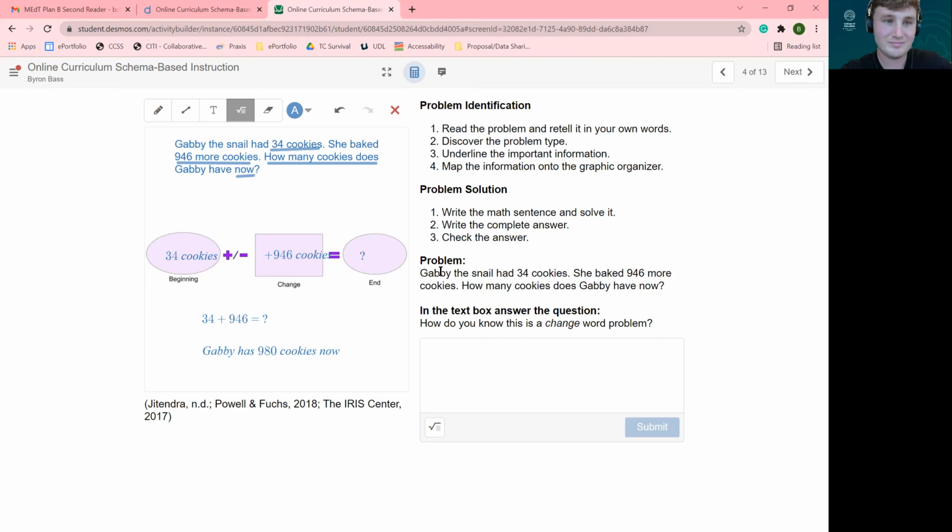If you are trying to figure out how many square feet of carpet you need for your living room, you're not presented with a sentence. You need to actually figure that out. So you kind of need to know, I have this much, I need this much more, what's at the end?